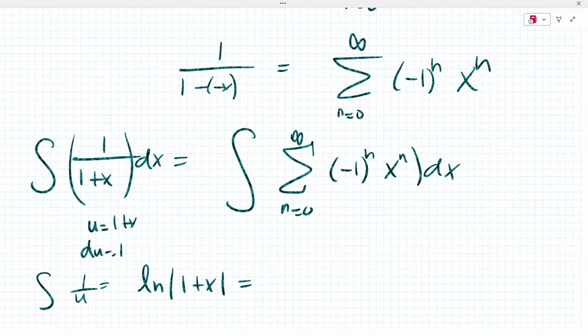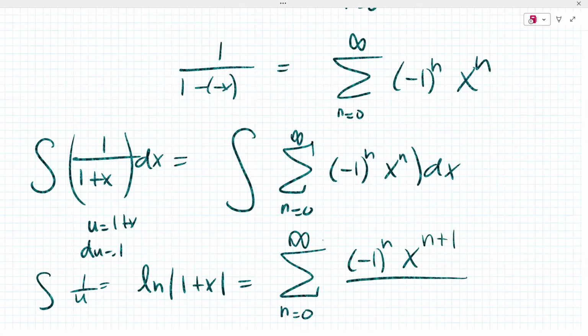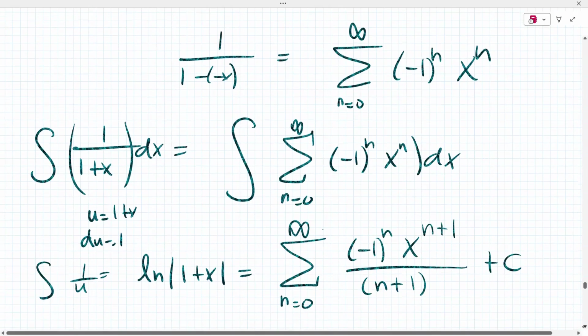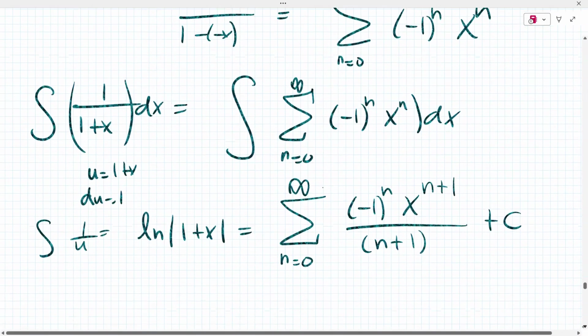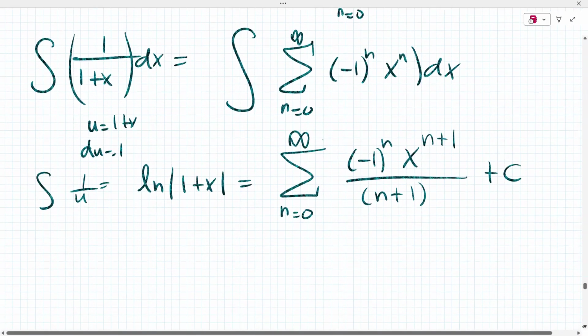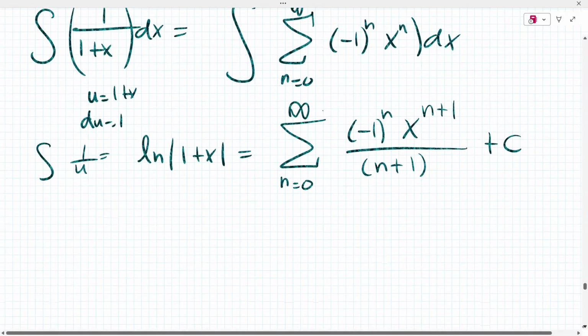So the integral of this is going to be the summation of n equals 0 to infinity of (-1)^n times x to the n plus 1 over n plus 1 plus c. Okay, now the next step is we solve for c by letting x equal 0.